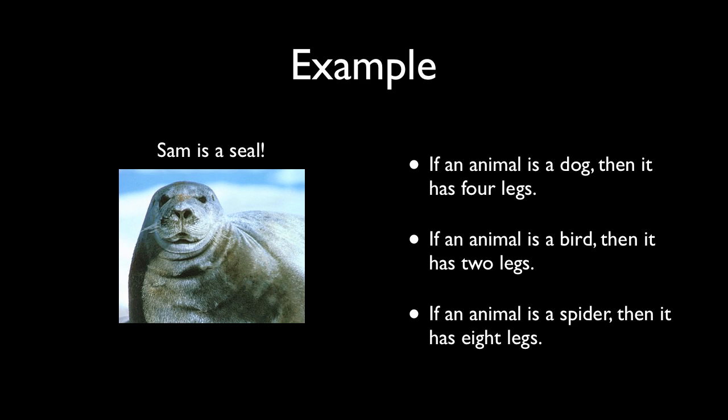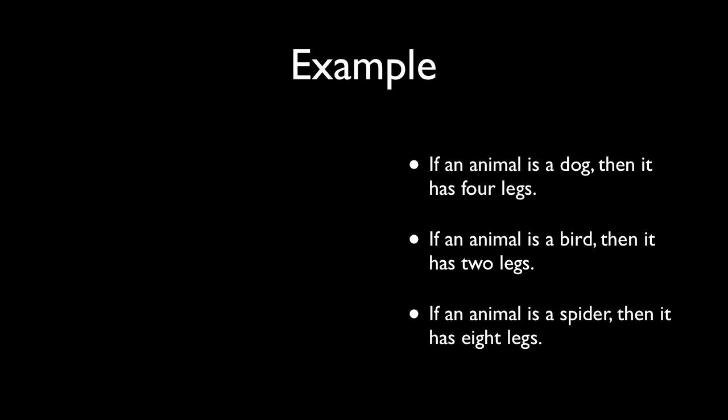Let's try another. What if we learn that Sam is a seal? According to our if-then statements, our premises, we have no information about a seal. There's nothing we can say about Sam. Last example, let's say Pat has 4 legs. Again, this is that converse error.